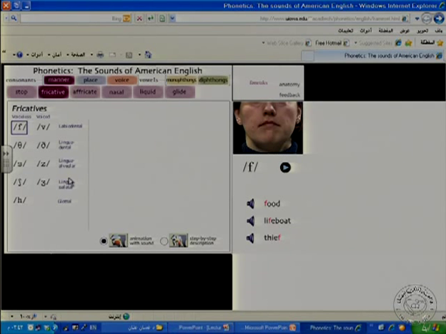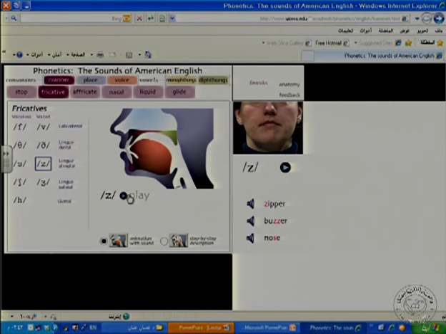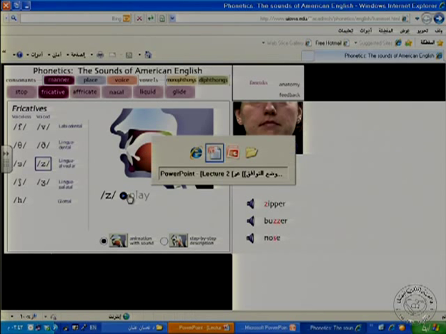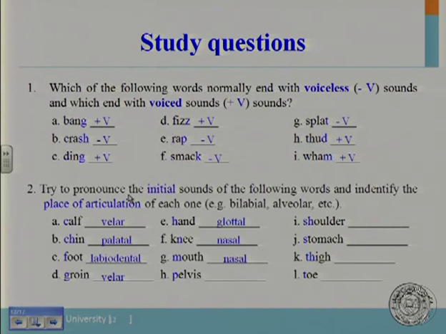Let us take one more example, as in z. See the vibration here? This is called, who can remember this one? The name of this? Something chords, yes? Here is the name. If you go back, glottal chords.